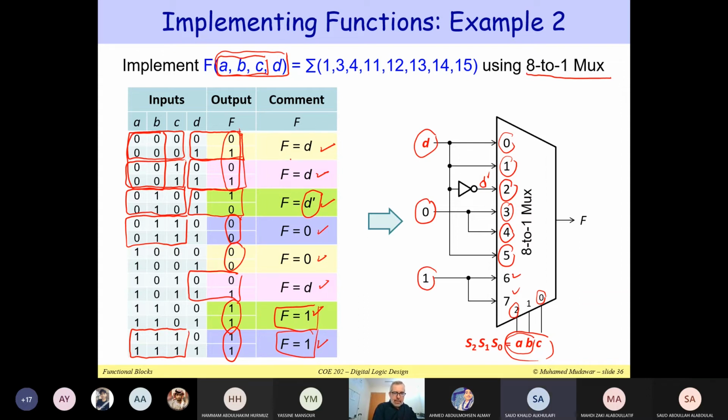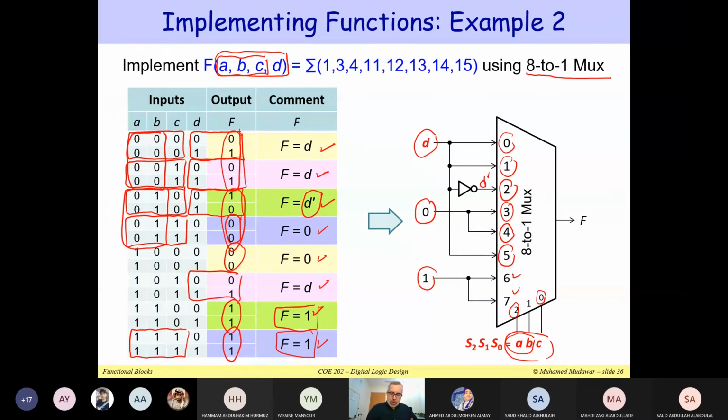Well, in this case, we have equal to D. But here, how do you define the output when you have 0, 1? That becomes more complex. Okay? You understand this? Yeah. So if you would like to use a smaller multiplexer, then the inputs will become more complex to the multiplexer.